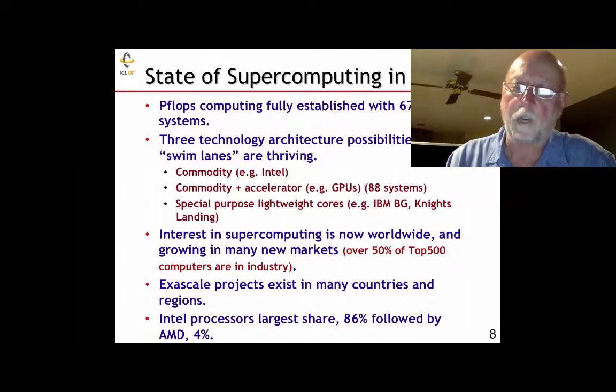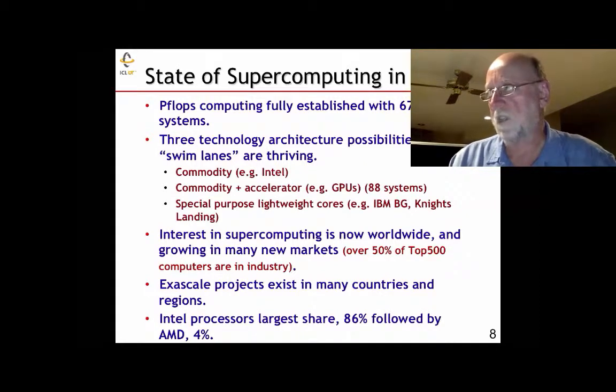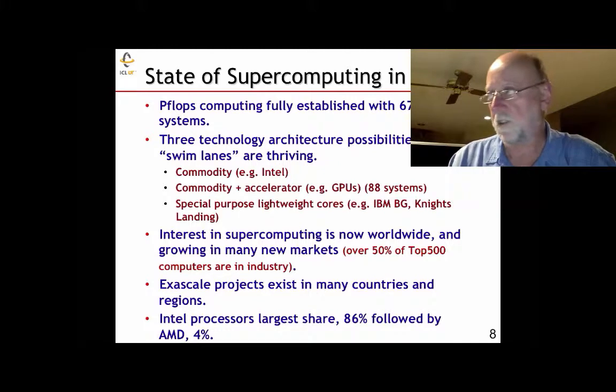And that's not the way it was 10 or 15 years ago, when we had very special-purpose scientific computers that were designed specifically for large-scale scientific computing. Today, the market has shifted over to commodity processors. Commodity processors have matured to the point where they provide reasonably high performance rates, and because of the sheer numbers of them, the price per unit is relatively low.